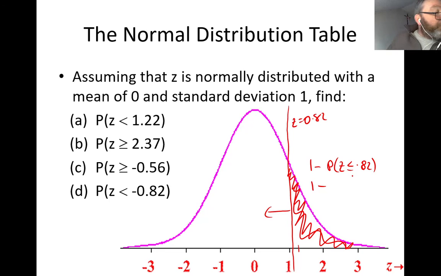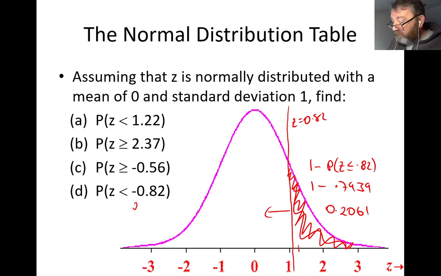What's 0.82? 0.82 is 0.7939. So 1 minus 0.7939 comes out as 0.2061. So in other words, there is a 20.61% chance of being less than minus 0.82.